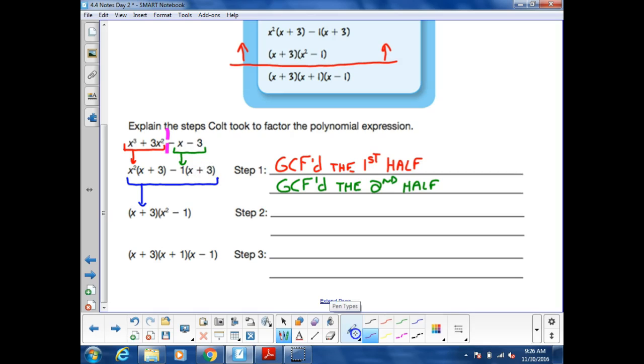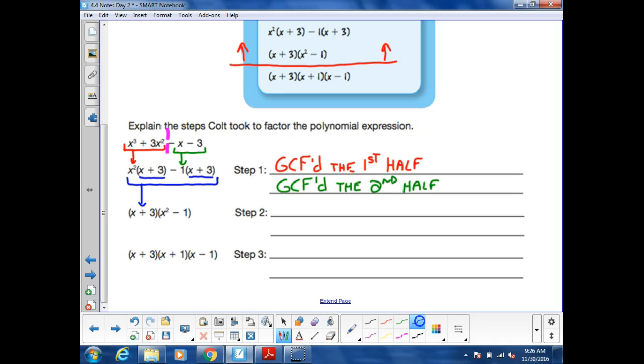Okay? He took this whole new factored line that you just got done in step number 1 by factoring, and he factored out the greatest common factor. The greatest common factor is there's an x plus 3 in each of those terms.